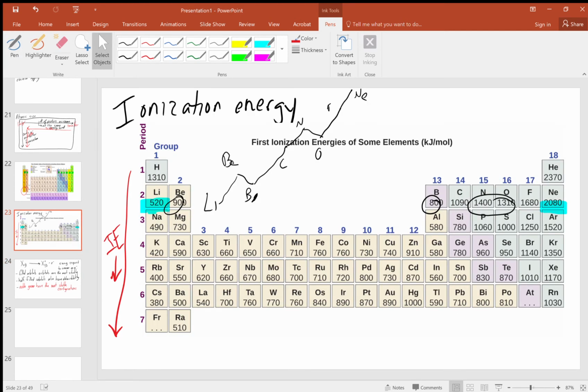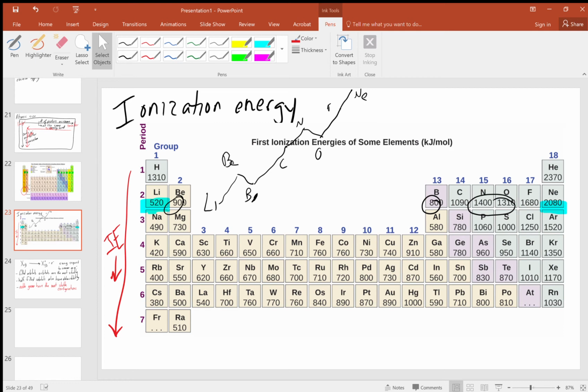So if we look at lithium, or any of the group 1 alkali metals, if they lose an electron, they end up in a very, very stable configuration, that of a noble gas. And that's also seen by the noble gases. If we look at how high their ionization energies are, we can see it's very difficult to take an electron away from those.